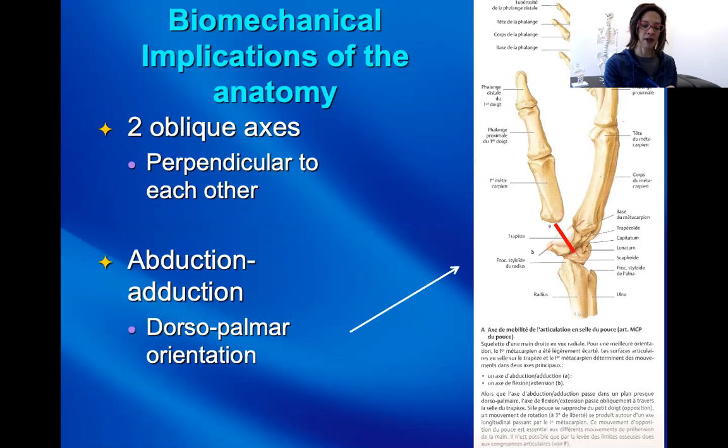Same goes for ab and adduction. If I'm going to be doing abduction or adduction, now my axis also has to be perpendicular to the position that I'm trying to accomplish. Abduction, adduction.